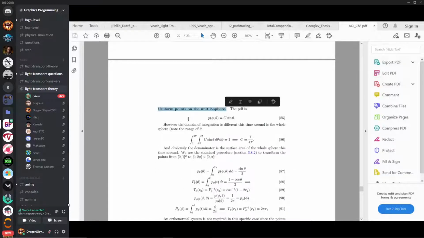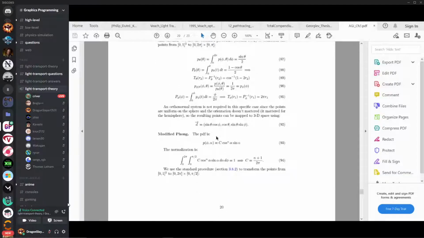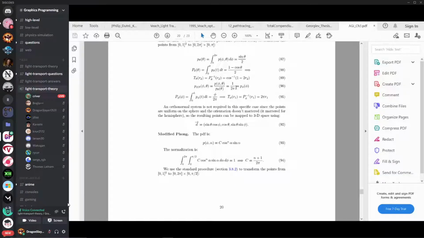We can do a similar thing for the whole sphere. So not just the hemisphere, but the whole sphere. The only thing that changes is the integration is from 0 to pi and not pi divided by 2. Then you get a mapping that looks like that. So you have 1 minus 2 R2 here, and this will give you points on the whole sphere if you use it here.